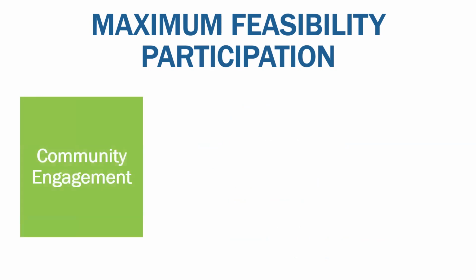So as we continue through maximum feasible participation, we also want to look at community engagement, because we recognize that no CSBG eligible entity can meet all of a community's needs independently, right? We can't do it alone.